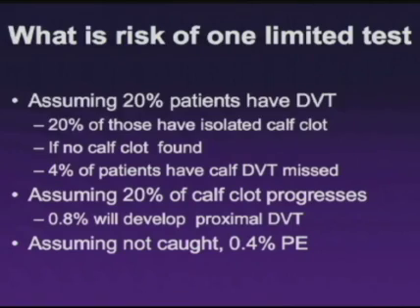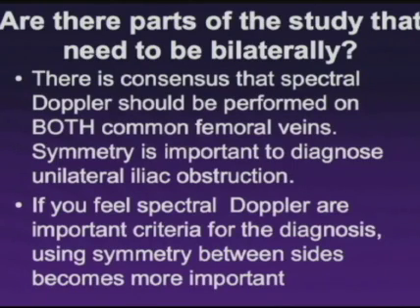So the overall risk of patients who have no calf vein studies is that they are already unlikely to have disease. Another question that comes up frequently is, does the study need to be performed on both legs, or is one leg adequate? First, let me state that spectral Doppler of the common femoral vein should always be performed on both sides, whether the patients are symptomatic in one leg or both legs.